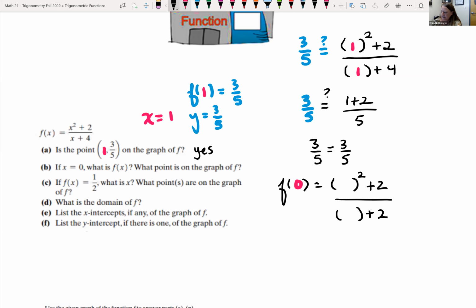So we have 0 squared plus 2 all over 0 plus 2. So simplifying this, we get that we have 0 squared is 0, plus 2 is 2, all over 0 plus 2, which is 2. And this is equal to 1. So if x is equal to 0, then we know that a point on this graph is 0, 1.